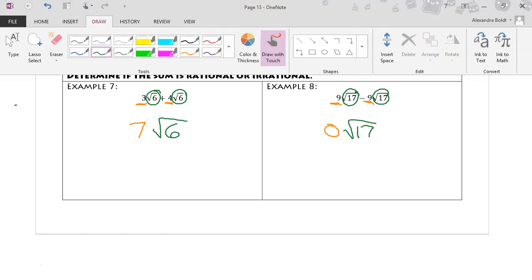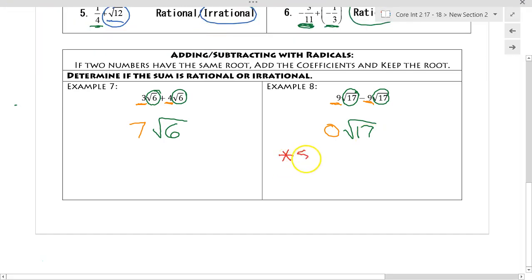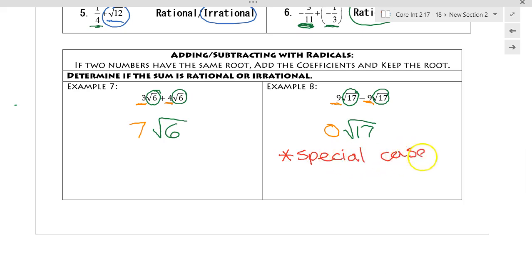This is a special case. Anytime you have 0 times a number, it is just 0. So that's my final answer. This is the only time it will happen when you have a 0 on the outside. The whole thing will be 0.